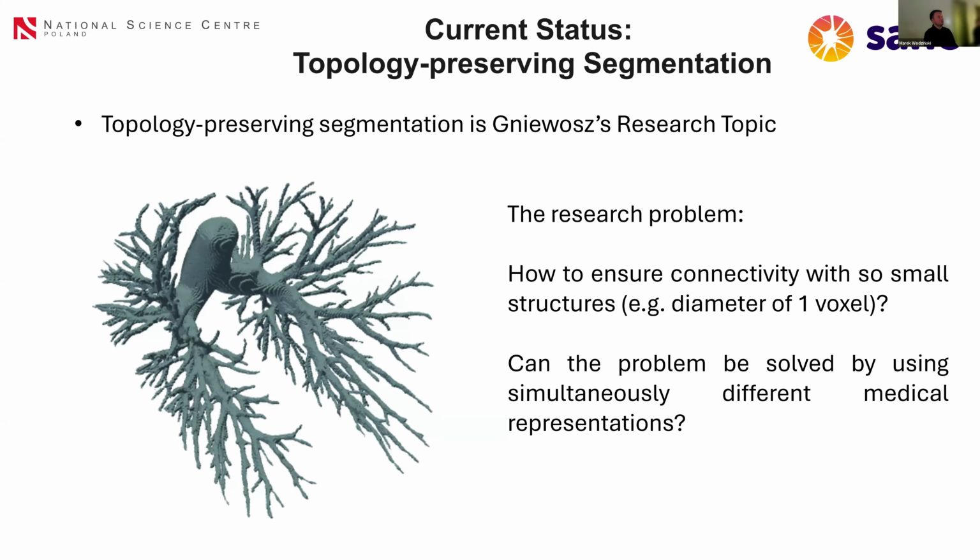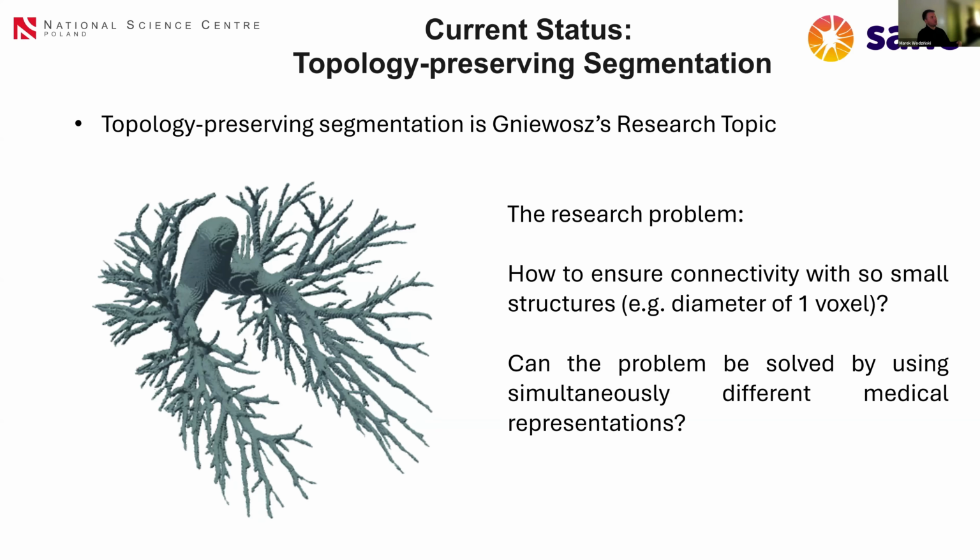Our intuition is that by using voxel grids, because CT or MRI images, the textures, are stored in voxel grids, and at the same time surface meshes, it may improve the connectivity of such small structures, because these representations directly enforce the connectivity.